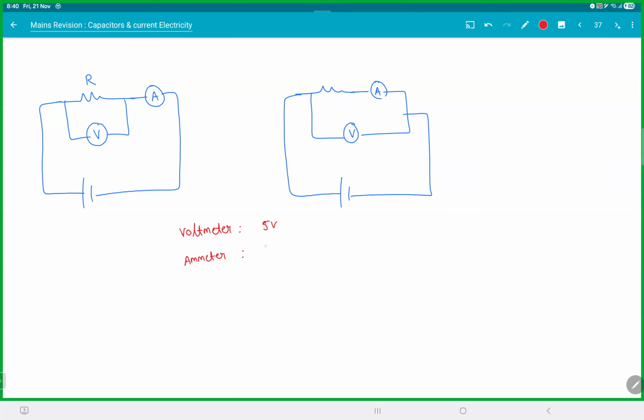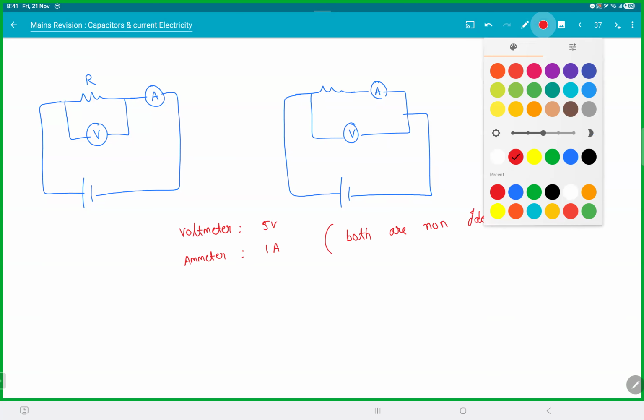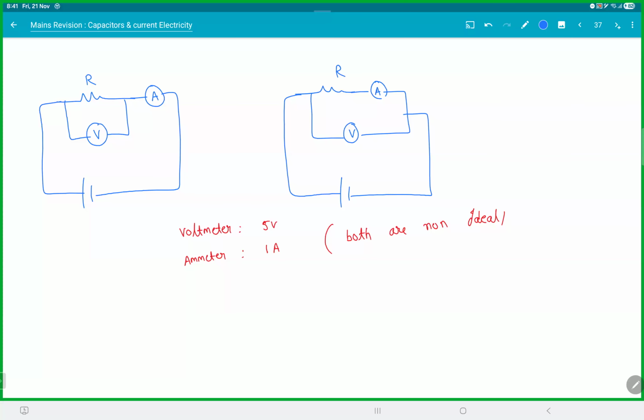Ammeter reading is, let's say, 1 ampere. And both are non-ideal. Then they have some resistance with them. So in both the cases, what is the resistance? Options will be R is equal to 5, less than 5, greater than 5, can't say, something like that.